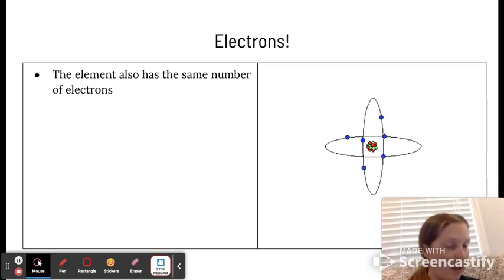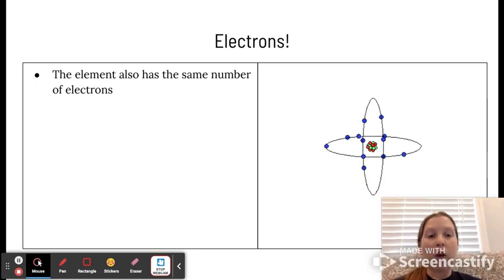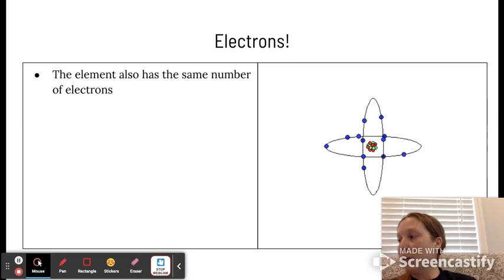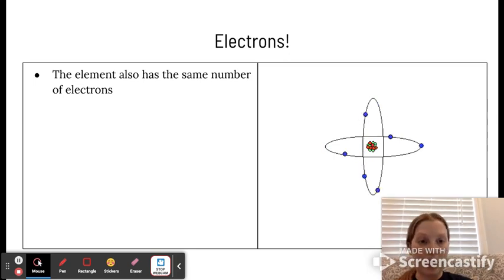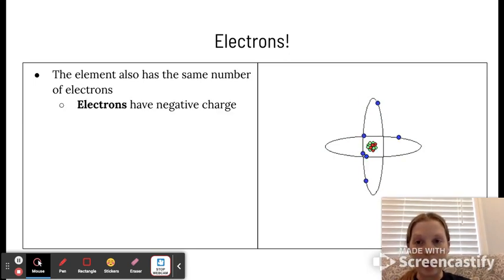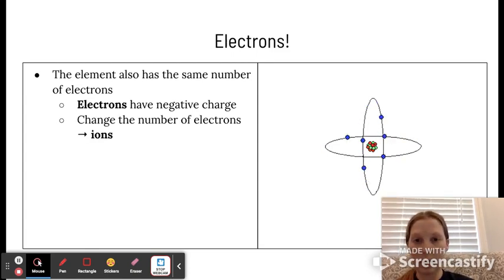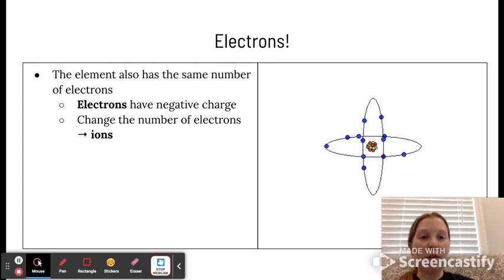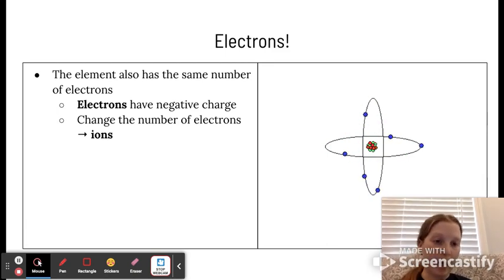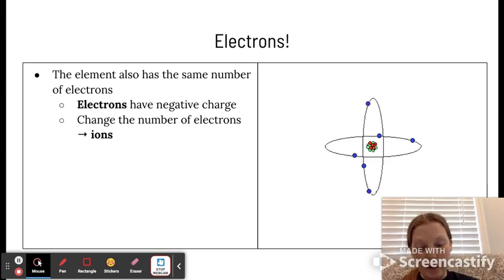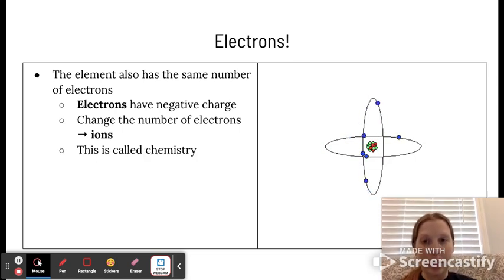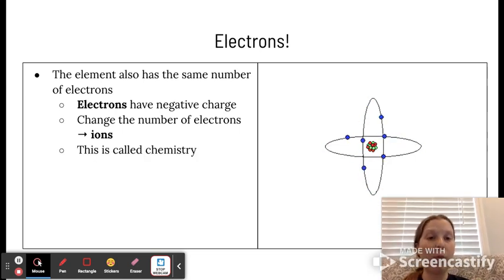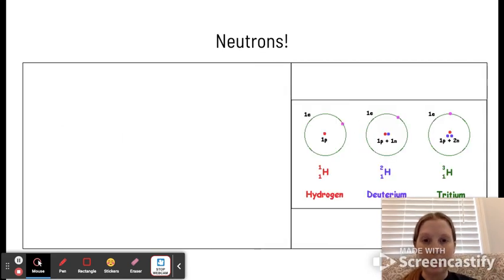So here, if we've got 11 protons in a neutral element, we should have 11 electrons as well, because electrons are negative. If you change the number of electrons on an atom, it will become an ion. It'll either be a positively charged ion or a negatively charged ion. This is what we study in chemistry, the change of electrons.